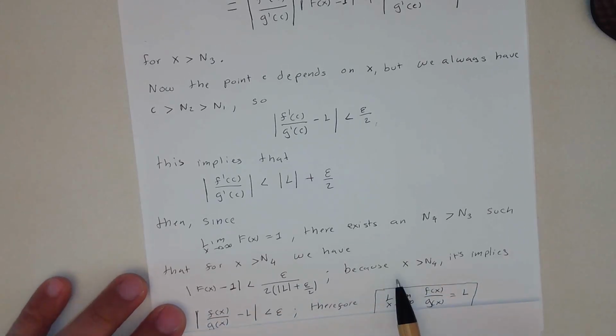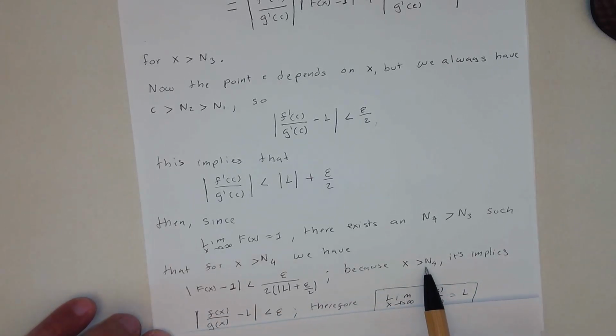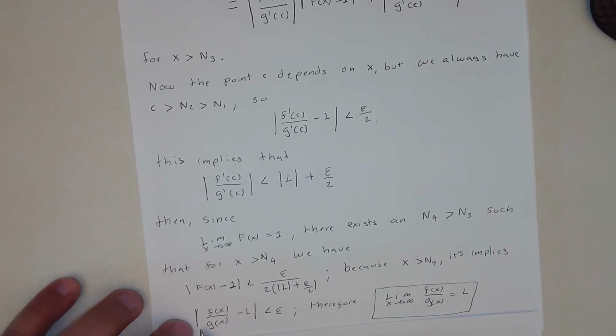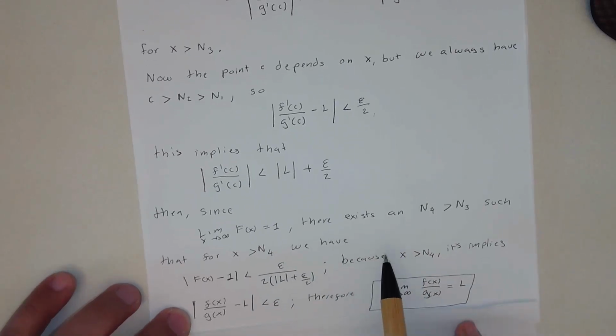And this is because x is greater than n4. It implies, of course, that the difference of the f of x over g of x and L in absolute value is less than the epsilon, the epsilon that we wanted to use to prove the limits.